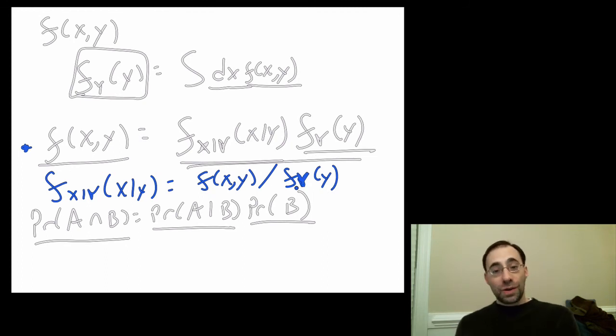It won't come up a lot more in this course. This is here mostly to show you how it works. When you do take your stats classes, you'll have some experience in seeing this stuff. But these are different ways of writing joint and conditional probabilities. We're not going to spend a lot more time on joint probabilities in this course. The rest of the lecture will be on single variable distributions.